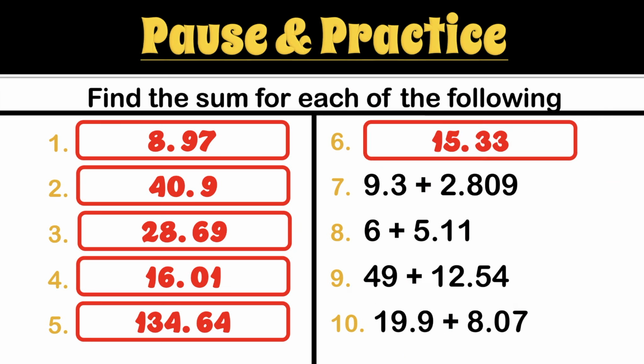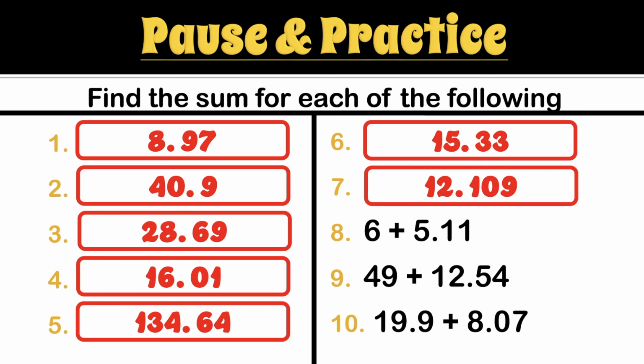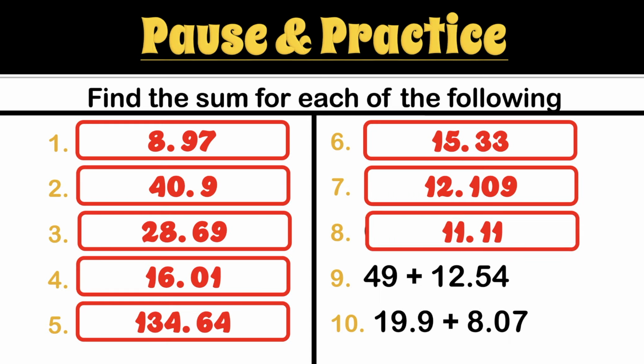Number 6 is 15.33, properly read as 15 and 33 hundredths. Number 7 is 12.109, properly read as 12 and 109 thousandths. Number 8 is 11.11, properly read as 11 and 11 hundredths.